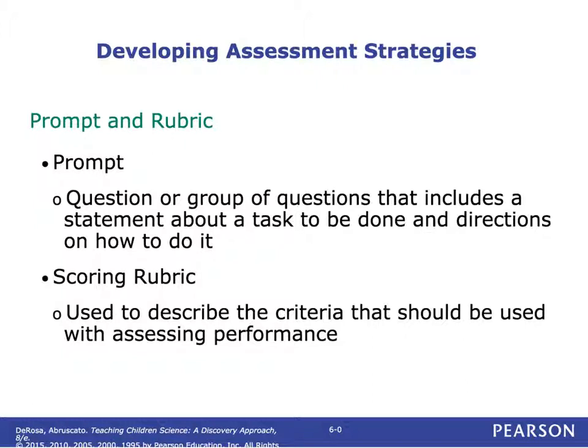A prompt is a question that includes a statement about a task, how it's to be done, and directions on how to do it. Then the scoring rubric tells you what criteria is going to be used to assess whether or not the task was performed adequately or how the task was performed.